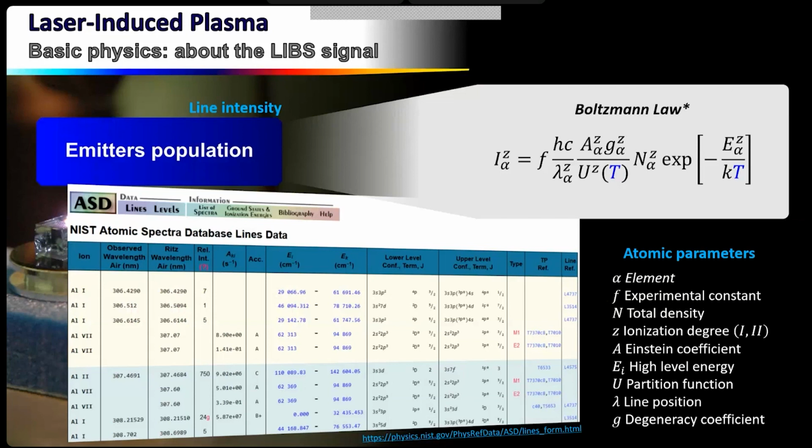So this Boltzmann law is the first law, and it's valid only if your plasma is in local thermodynamic equilibrium, which means that basically all the species inside the plasma are at the same temperature. So it's easy to fulfill this condition.